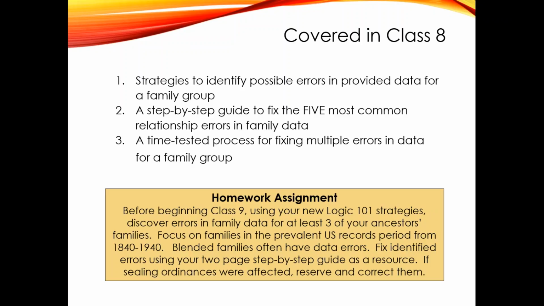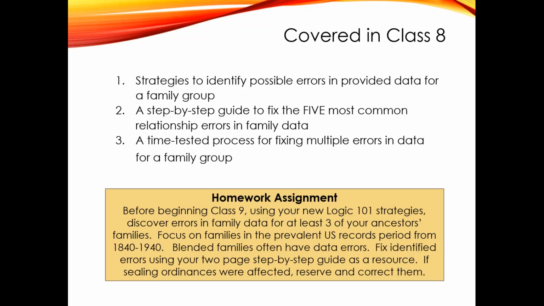We suggest that you focus on families in the prevalent U.S. records period from 1840 to 1940 because, as I've said, you really want to be able to come up with some records to verify the changes you're making in family groups, particularly when ordinances are being affected. Note that blended families are often the ones that have the most significant data errors.